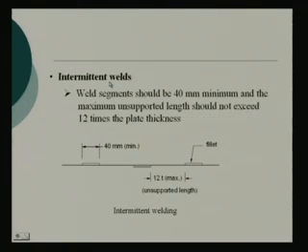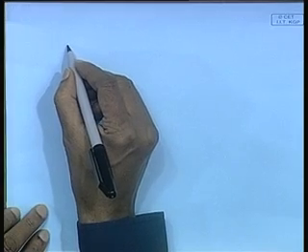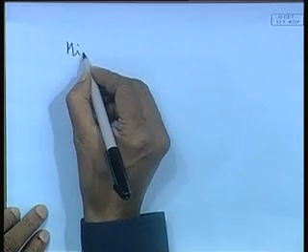So, these are some of the methods which can be applied to have a check on the resulting distortion. Now, we talk about some of the methods which can mitigate the effect of distortion, right. That is why we call them mitigation techniques.